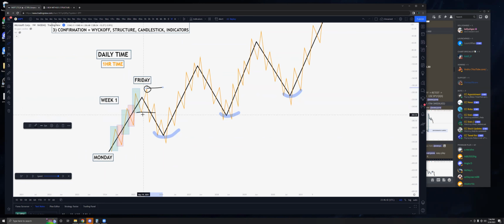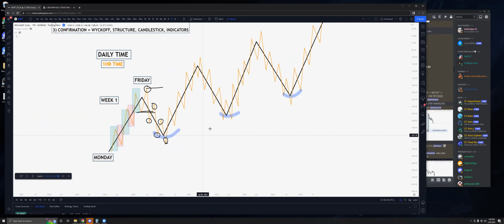Price made a new low. You just see that it broke structure with a lower low, lower high, lower low, lower high, and then a lower low. But don't forget the bigger picture. The bigger picture is bullish.